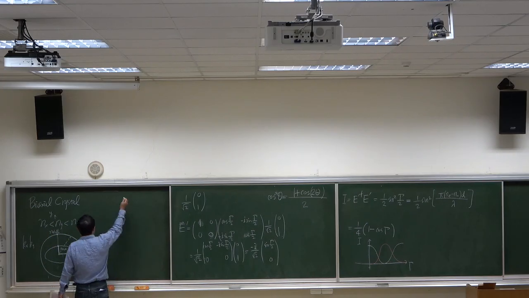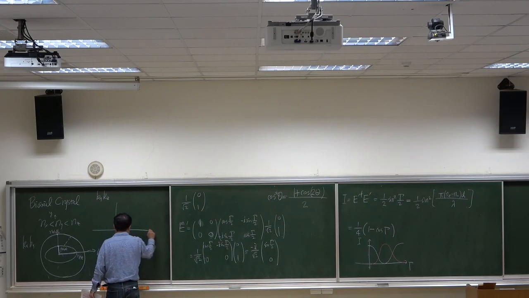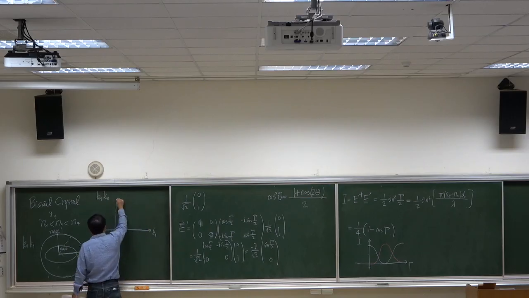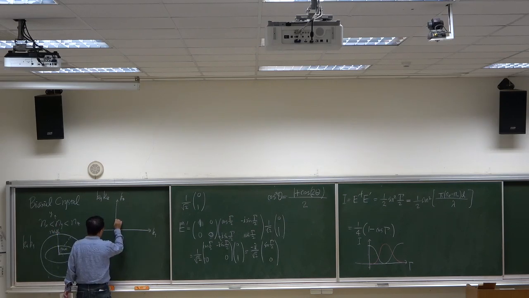Now in the ky, kz plane, we have this ky and kz. So here we know that we have a small circle and we have a large ellipse.